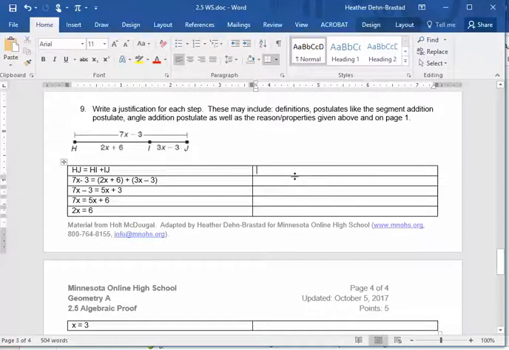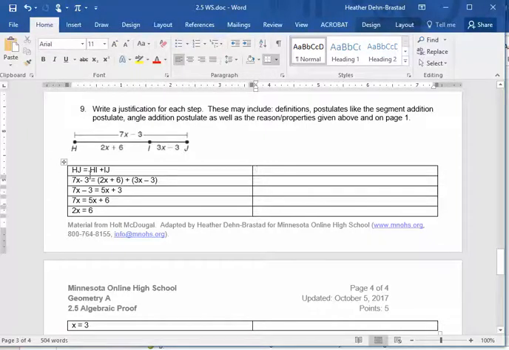So let's look at, we're not going to start with given on these ones. We're going to start with what property do I have? Do I have congruent segments? No. I have that the length from h to i, plus the length from i to j is equal to the length all the way from h to j, but in here it's written a little different.